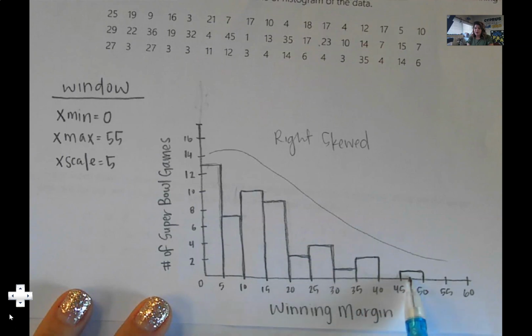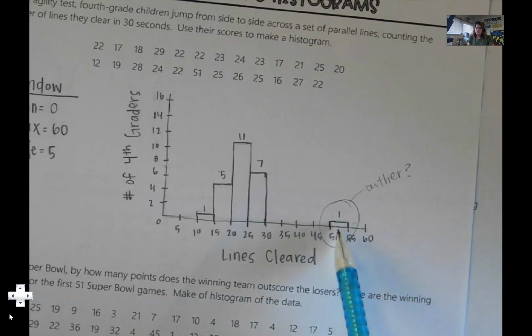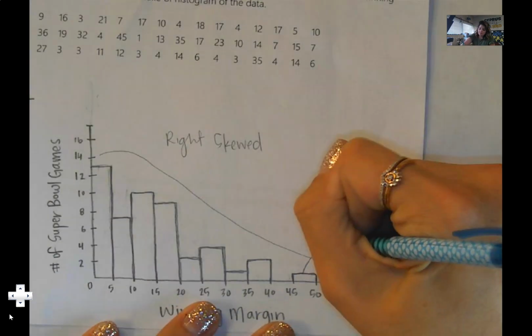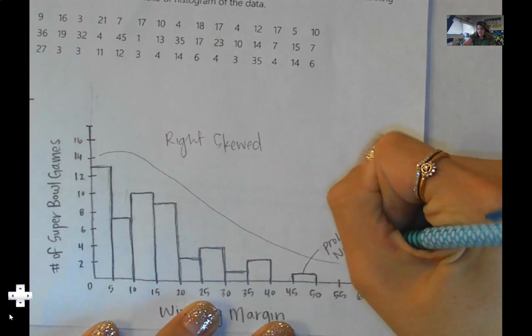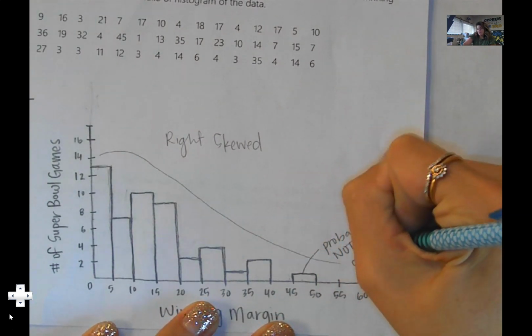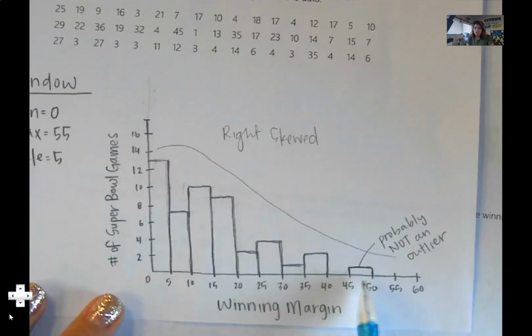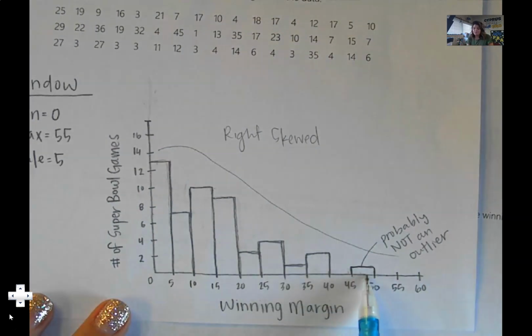He's not that far away, but this guy, he's way far away. He's 1, 2, 3, 4 classes away from the rest of the data. This one is only 1 class away. So I think that this one is probably not an outlier because he's unusual, but he's not that far away from the rest of the data.